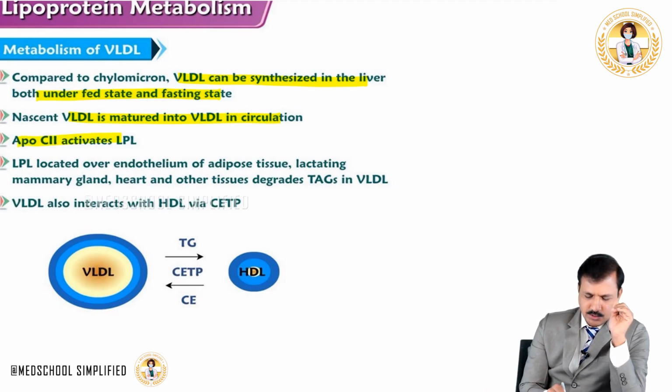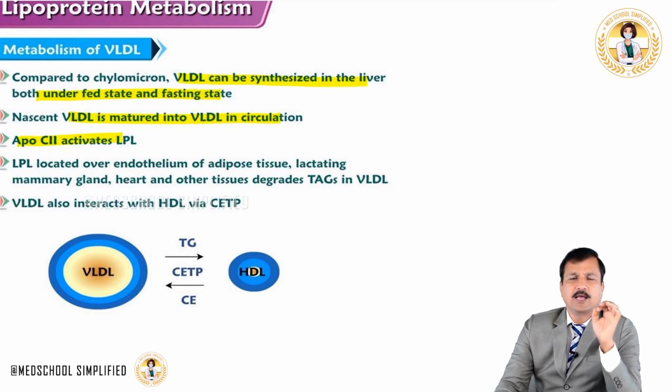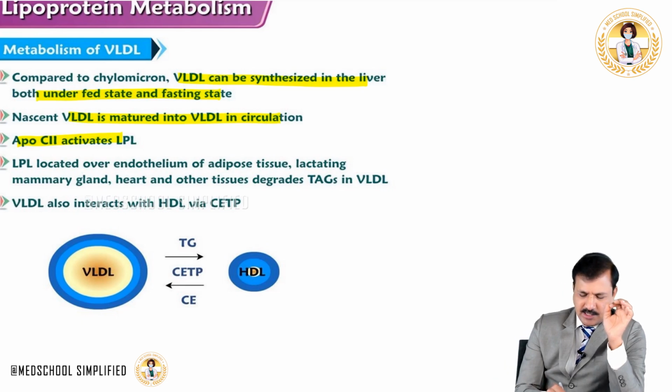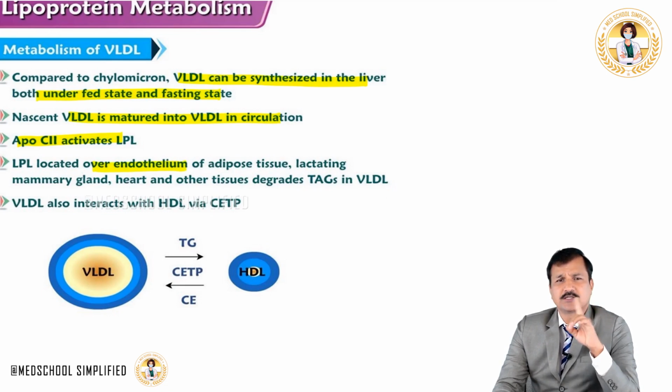Now, Apo C-II activates the lipoprotein lipase enzyme, and once activated, lipoprotein lipase is going to degrade the triacylglycerol present in VLDL significantly. Lipoprotein lipase is attached to the endothelium of the tissue capillaries, especially with the help of heparan sulfate.